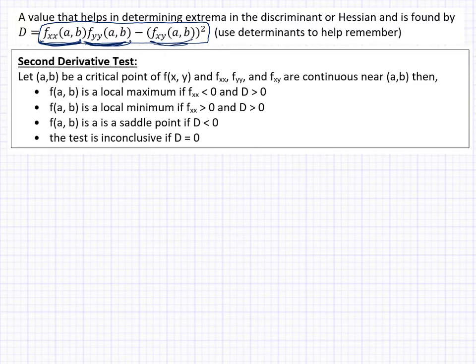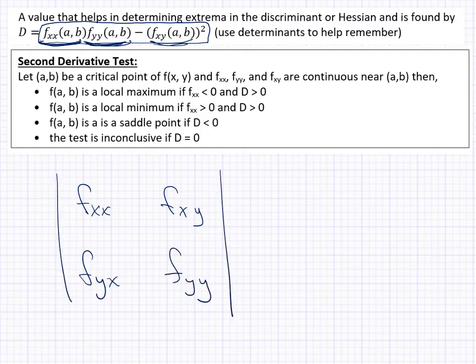So if I did this matrix here and I used all my second partial derivatives for a function, we have xx, we have xy, we have yx, and we have yy. And I create a matrix and I find its determinant, which means I should multiply this times this minus this times this, which would give me fxx times fyy minus these two multiplied together.